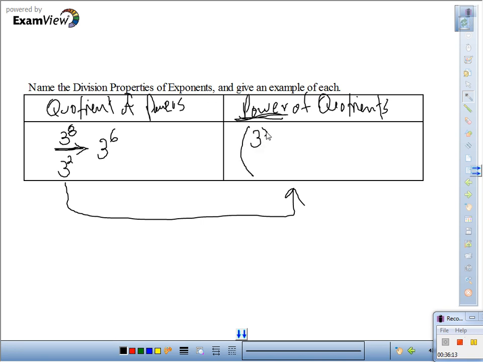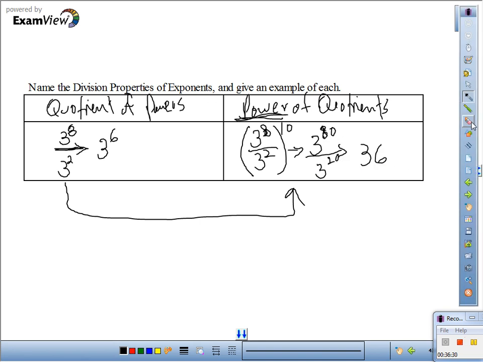Parentheses, 3 to the 8th, 3 to the 2nd, and raise that to another power. I'm going to say 10. So this becomes what? 3 to the 80 over 3 to the what? 20. Can we simplify this? Yeah, 3 to the 60. Once again, if you don't have that, copy that.